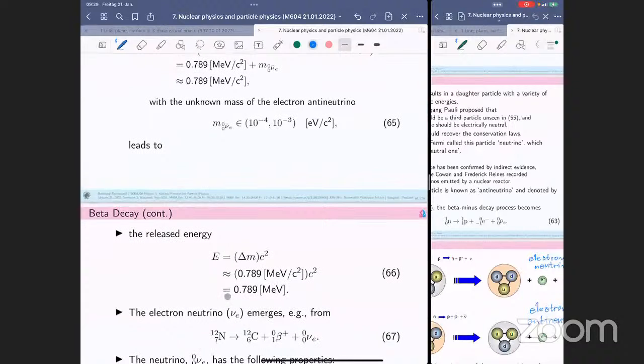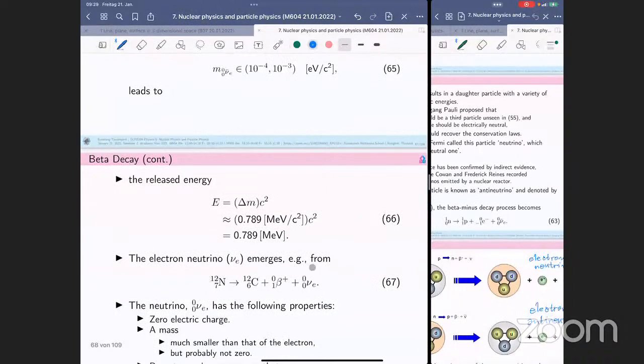Beta minus releases energy of around 0.8 mega electron volts. For the process with a positron, which is the beta plus decay, we start from nitrogen-12 to become carbon-12, the common isotope of carbon in nature, and we get a positron and an electron neutrino, without the bar.